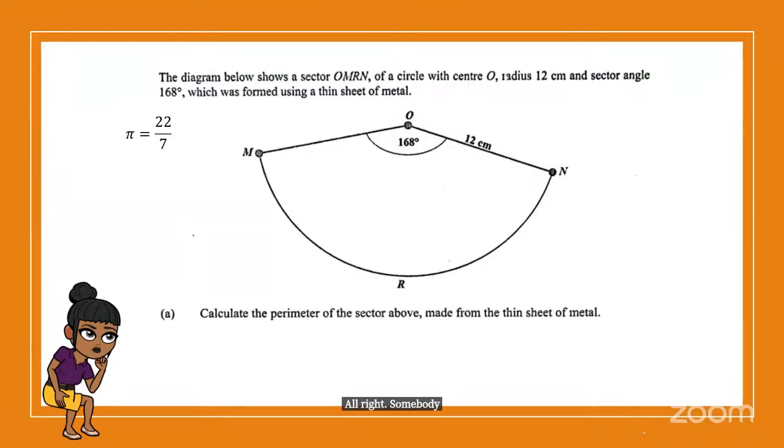She says 82,704 over 2,520. All right. So what did you do to get the 82,704?